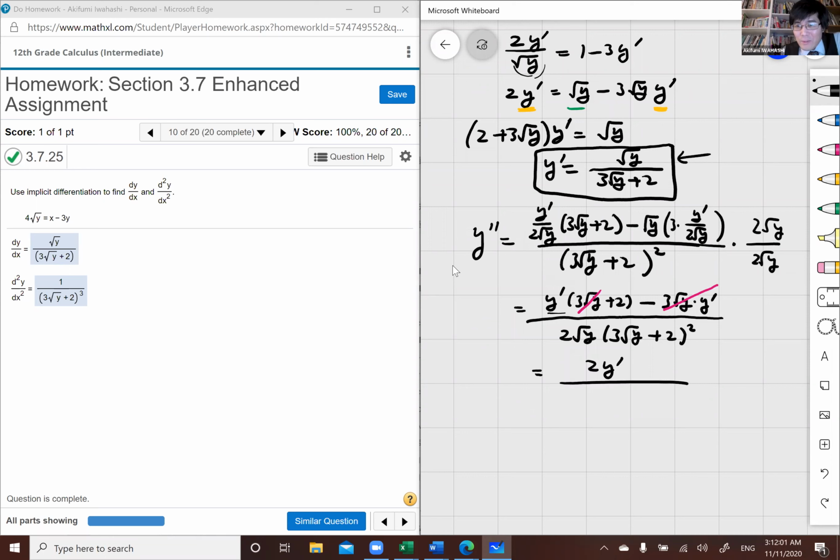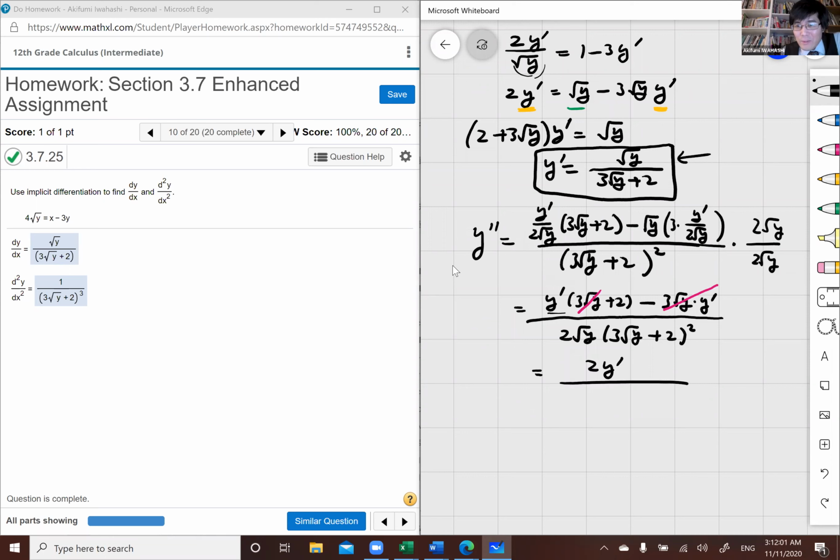Is it the final answer? Maybe not, because you still have y dash in our expression. So let's use this one to rewrite this one. So it's going to be square root of y over 3 square root of y plus 2 on the numerator, and the denominator is this.